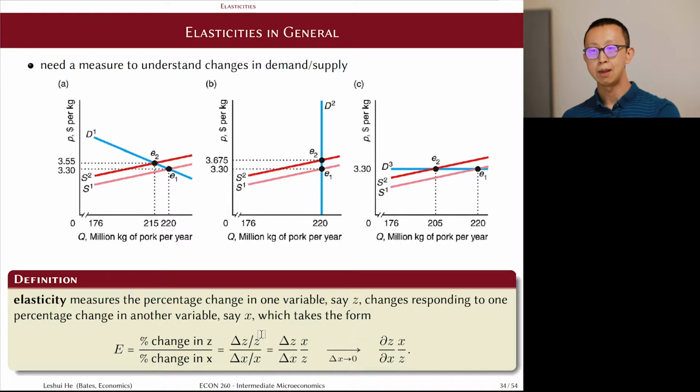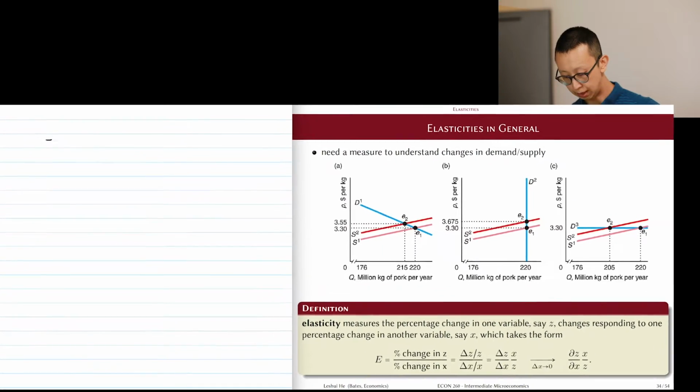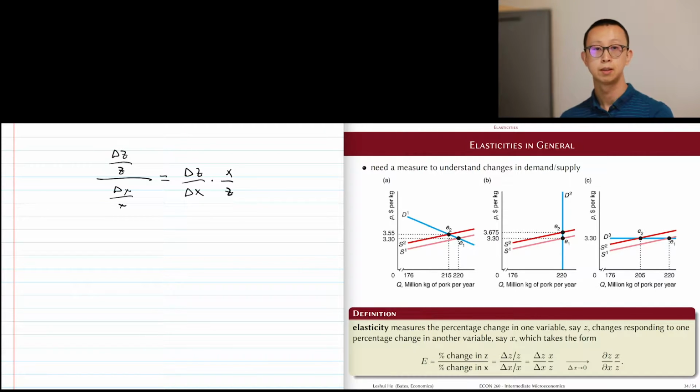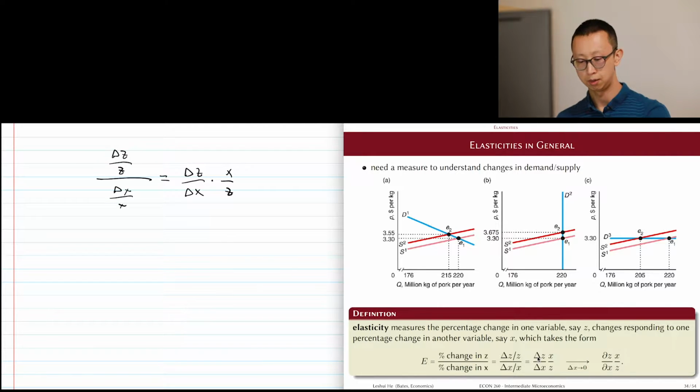Now, once we have this expression, we can rewrite it a little bit. So instead of writing delta z over z divided by delta x over x, we're able to rewrite this as delta z over delta x times x over z. And that's our expression here on the right-hand side.